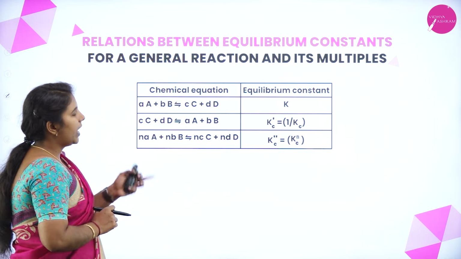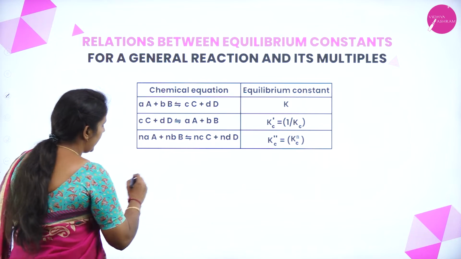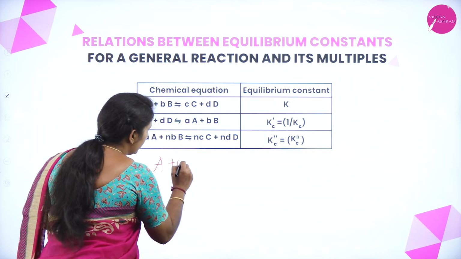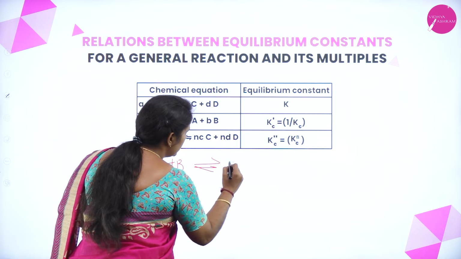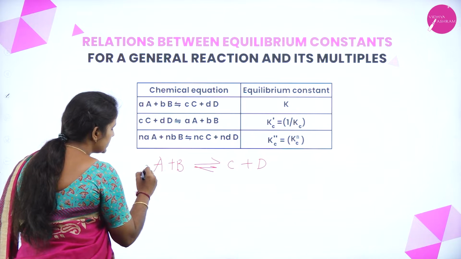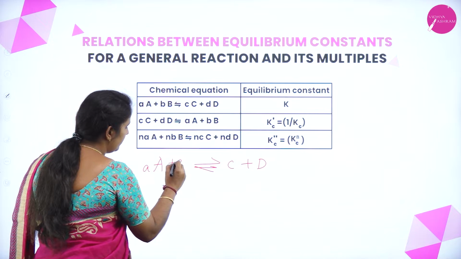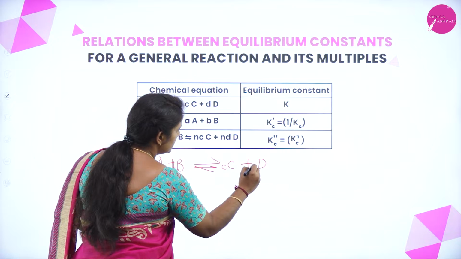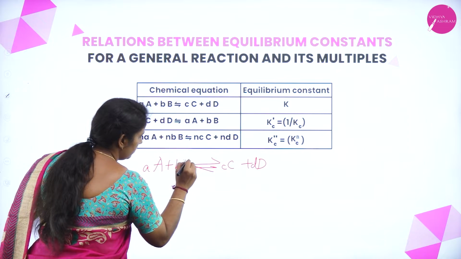So here I am taking a general reaction where A plus B is giving rise to C plus D, and the stoichiometric coefficients are small a, small b, small c and small d.